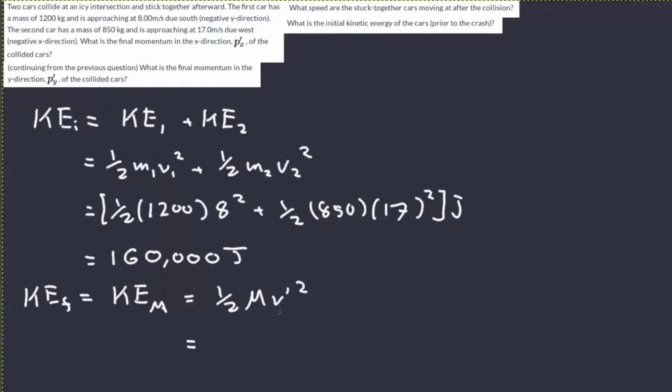Now capital M and V prime we found in the previous question. So 1/2 times 2050 times 8.5 squared. If I plug all of that in, I get about 73,000 joules.